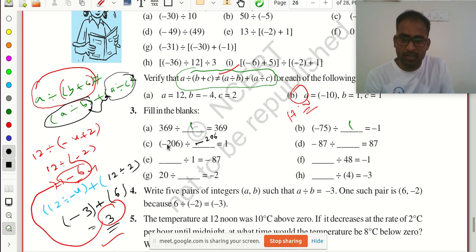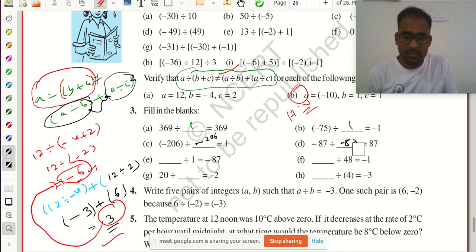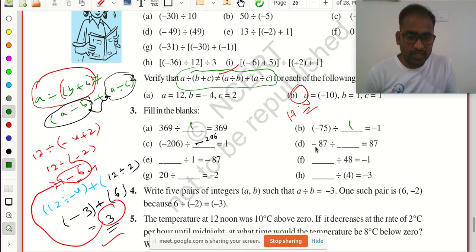Here minus 206. See here minus 87 is there. If I put here 1 now, I will get minus 87, then I need to put here minus 1.